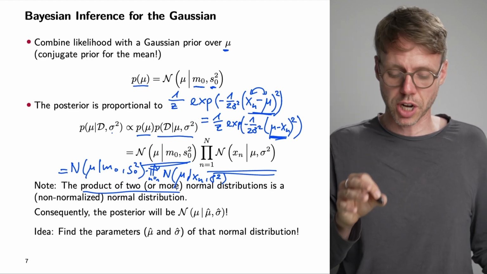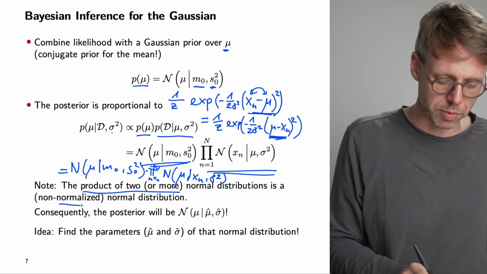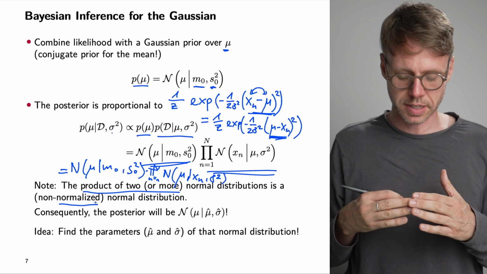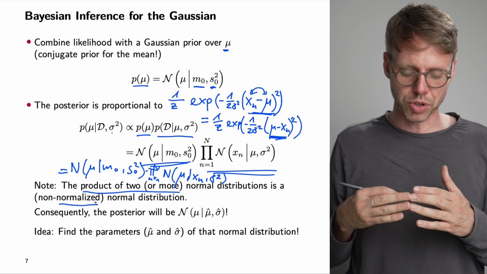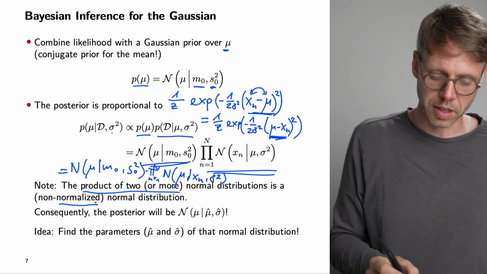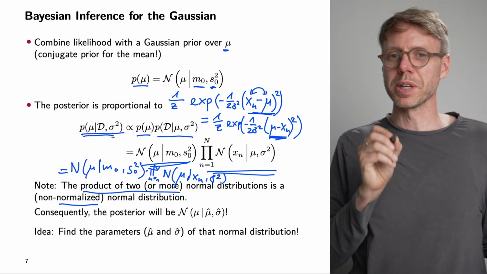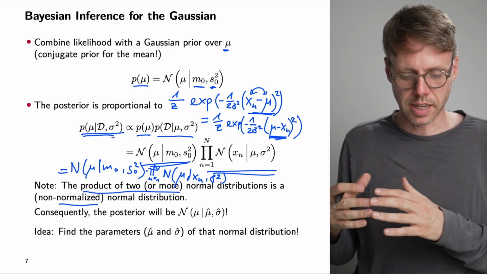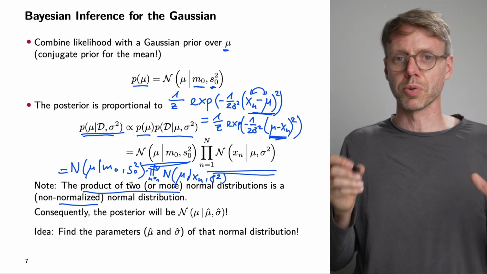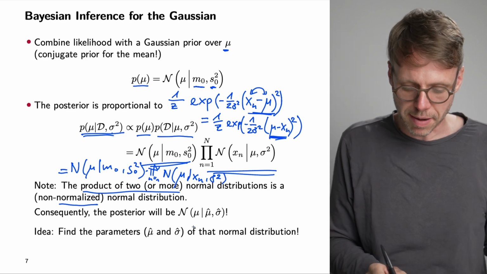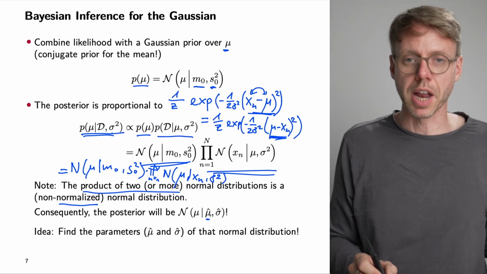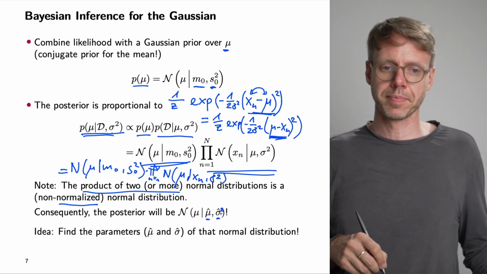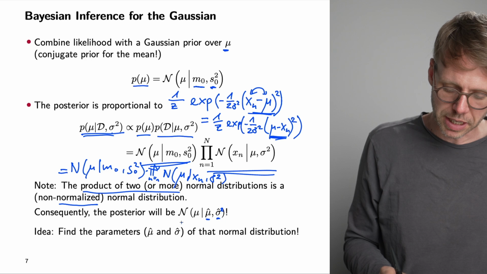It will not in general be normalized, so it would not integrate to 1, but it would be, up to a multiplicative constant, equal to a normal distribution. Now, we know that the posterior distribution will be normalized. So actually this proportional part is enough to infer the original normal distribution. So there will be some normal distribution which has some unknown mu and some unknown sigma squared. So the posterior will be a normal distribution.